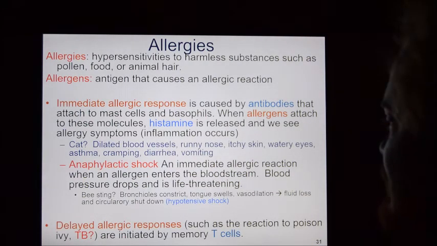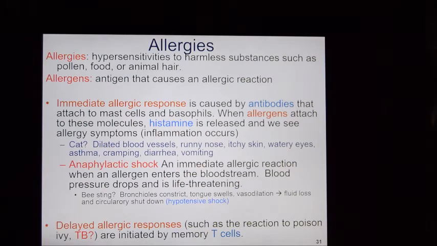So when we think about anaphylactic shock, what we tend to think of is having some sort of allergen immediately injected into the bloodstream. Think like a bee sting. Somebody gets stung by a bee and they have an allergic reaction. It can kill them very quickly. Your blood pressure drops like a rock. Sometimes people's lungs swell up and they have, in essence, an asthma attack.